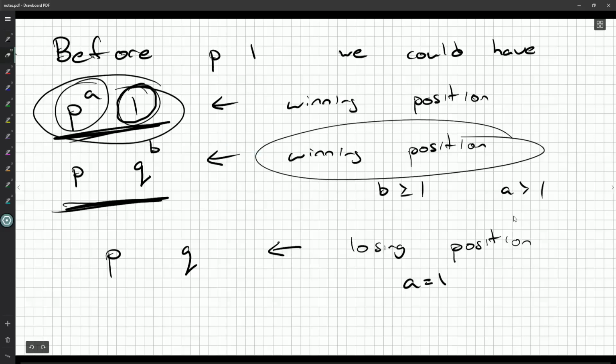No, B greater than or equal to 1. No, this is automatically a winning position. So we don't want them to have that. So there's no way to go backwards from our first winning position to give them a losing position.